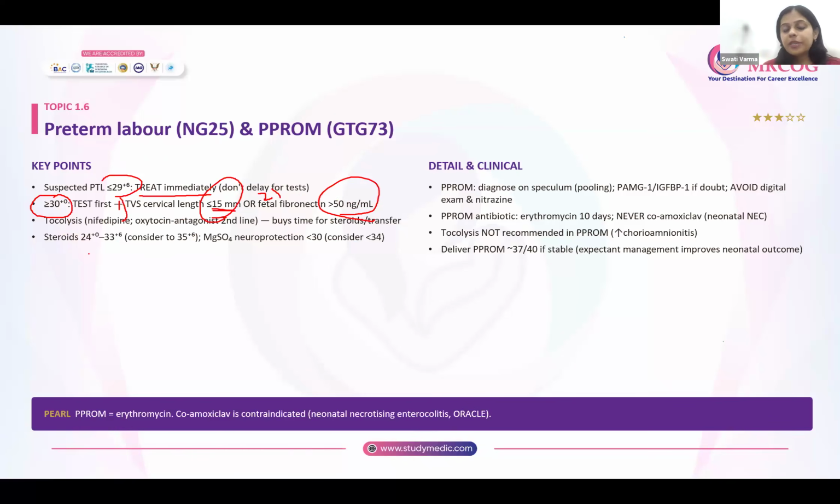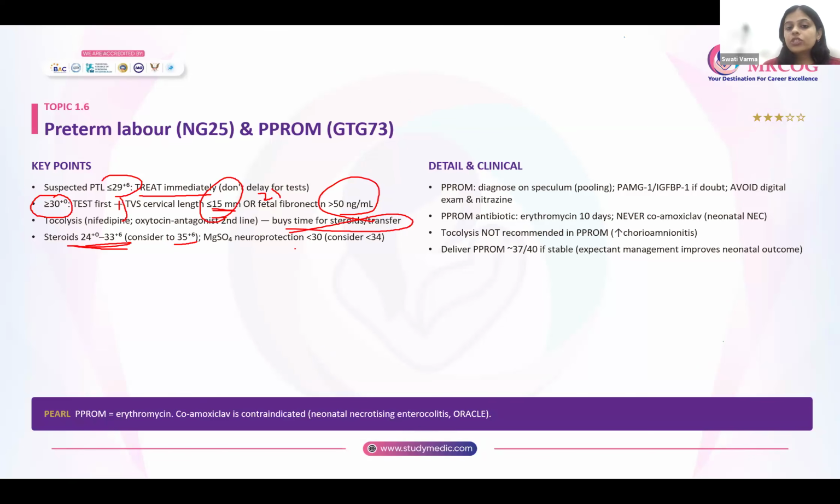Tocolysis, the first line is nifedipine, second line is oxytocin antagonist, that is atosiban. Tocolysis is especially targeted to buy time for steroids and transfer. Steroids, when to offer, when to consider. Steroids should be offered between 24 to less than 34 weeks. However, you can consider up to less than 36 weeks.